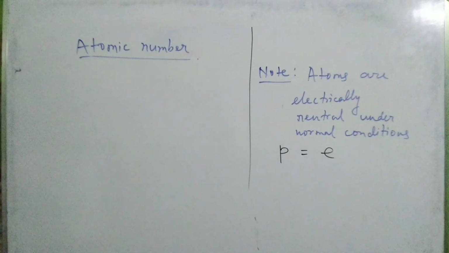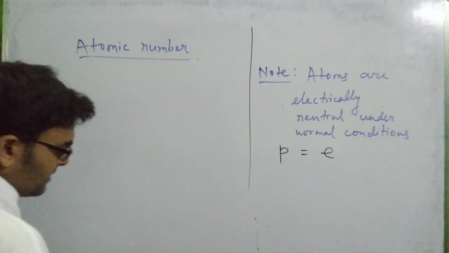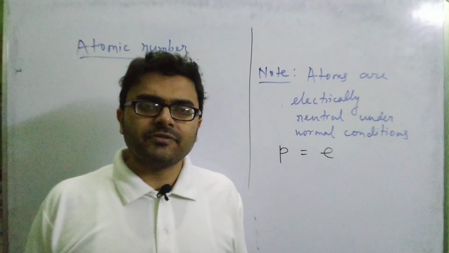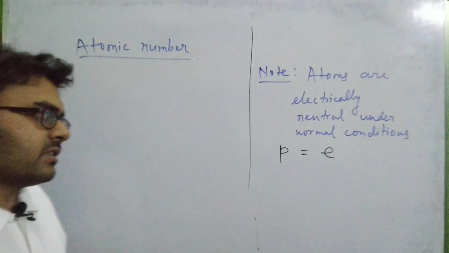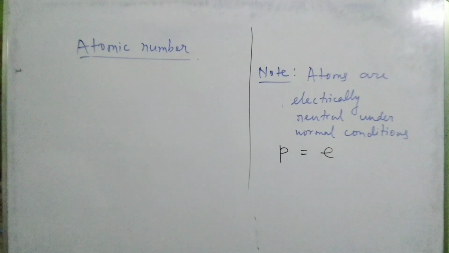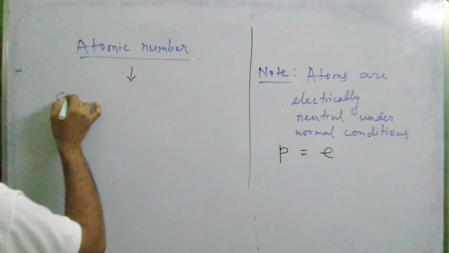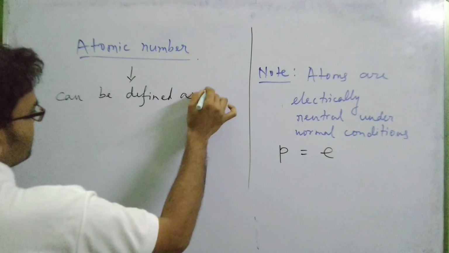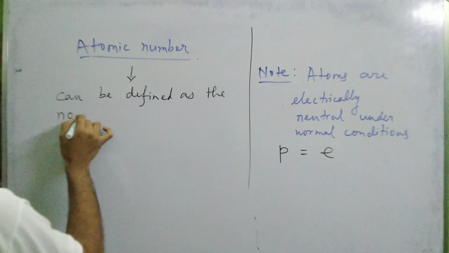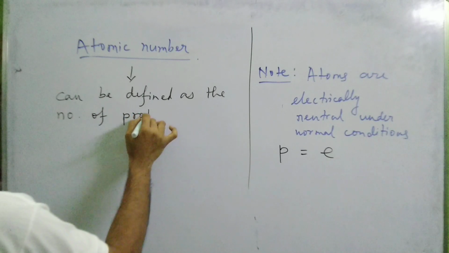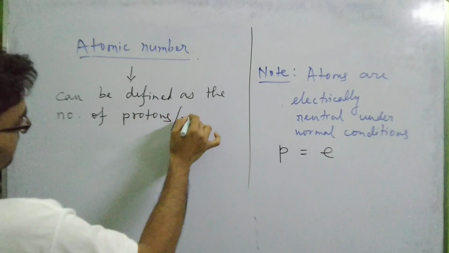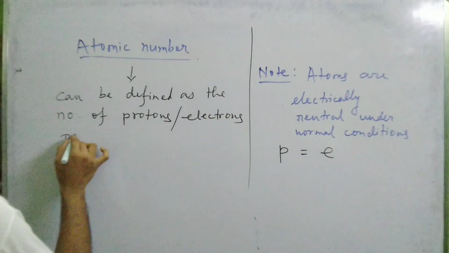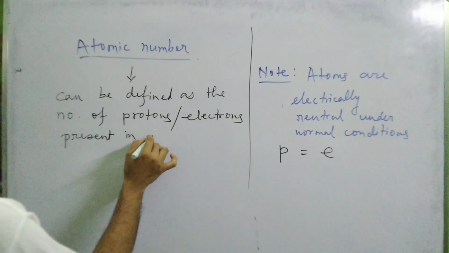Okay, so what is actually atomic number? Now, as I was saying, each atom has a definite number of protons, and so in the neutral condition it has a definite number of electrons also. Now, atomic number can be defined as the number of protons, or it can also be regarded as the number of electrons present in an atom.